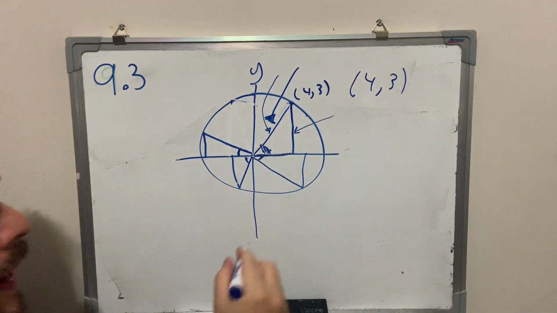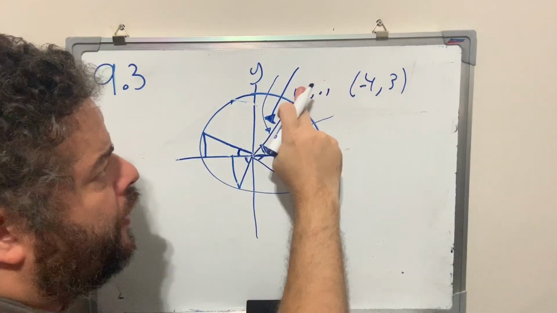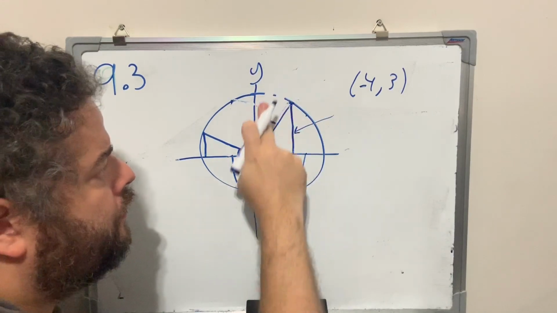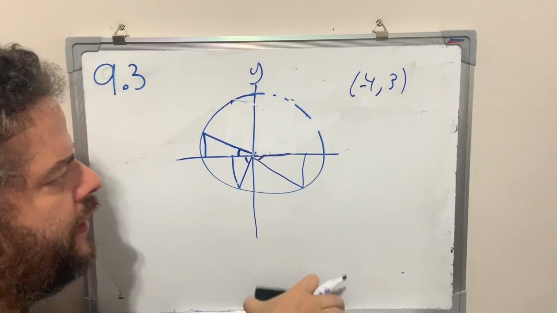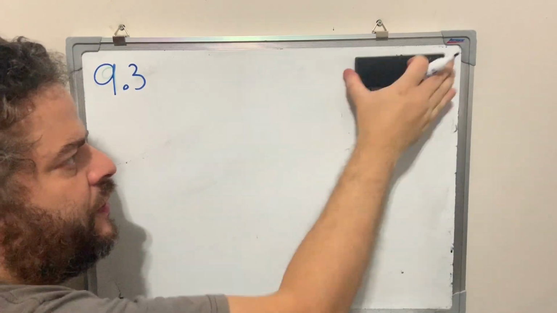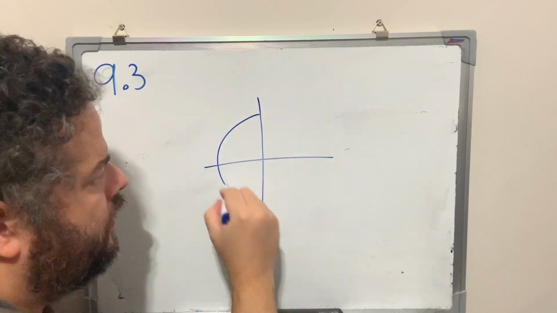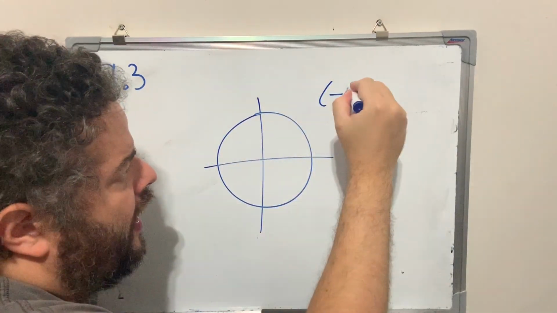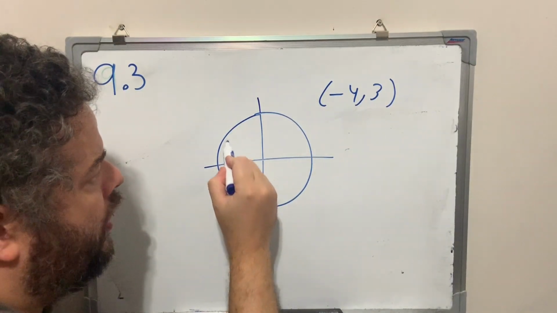Now, in the book, they're actually using -4, 3. So let's draw that particular triangle inside. It's going to be easier. So let's say I have my coordinate, and I use this point, -4, 3.